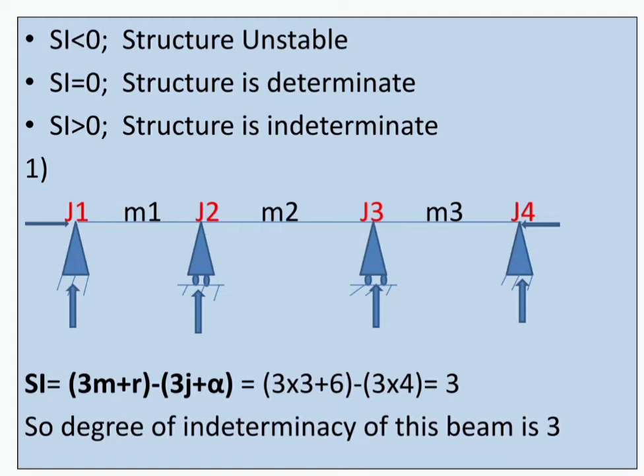So if we put all the values in the formula, we can find the static indeterminacy comes out as 3. And to mention, the alpha value will be 0 because there is no hinge in the structure. So the degree of indeterminacy of this beam comes out as 3. That means the structure is statically indeterminate with 3 degrees.